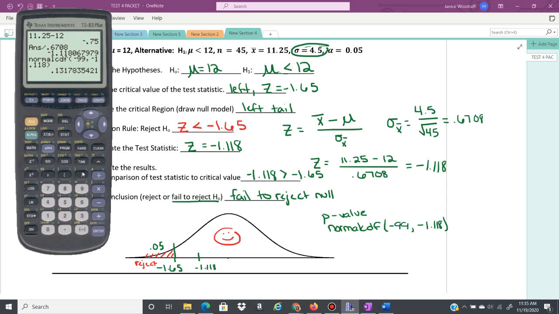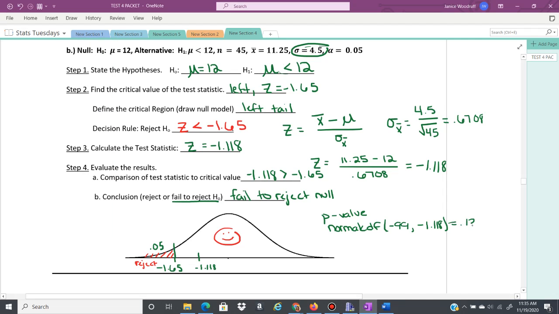That gives me 0.132. Okay, our significance level was 0.05. We do the comparison. So P is greater than alpha, fail to reject.